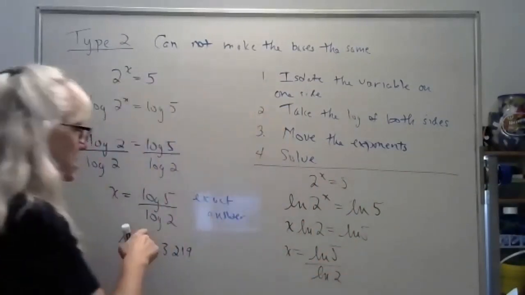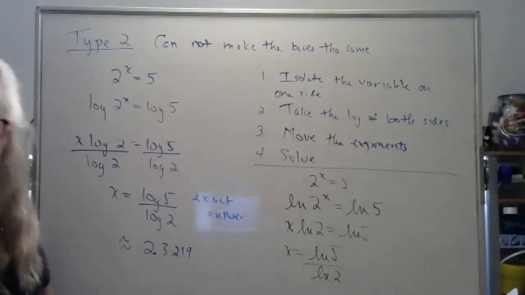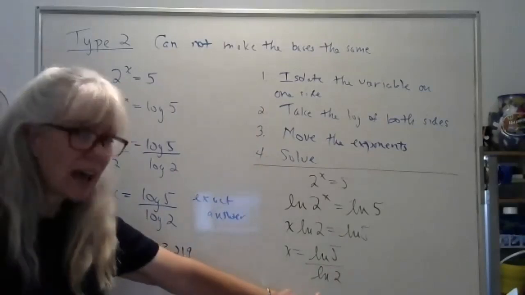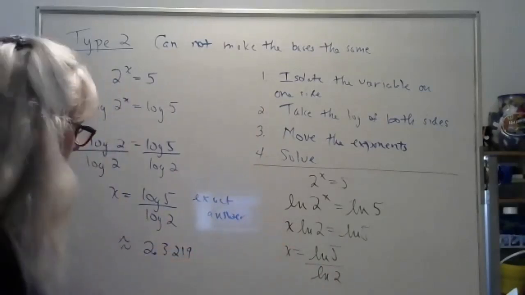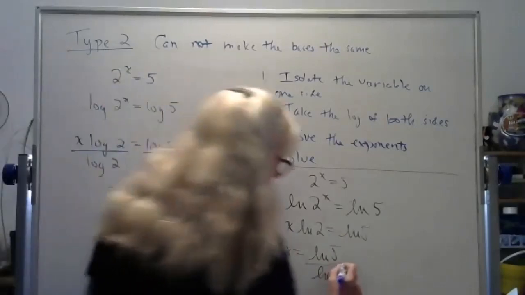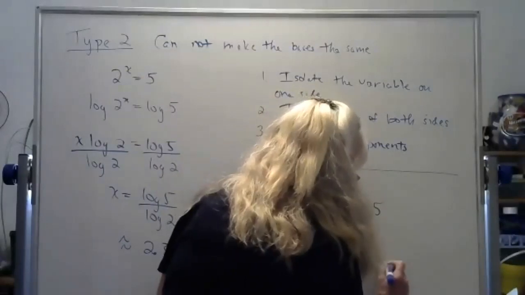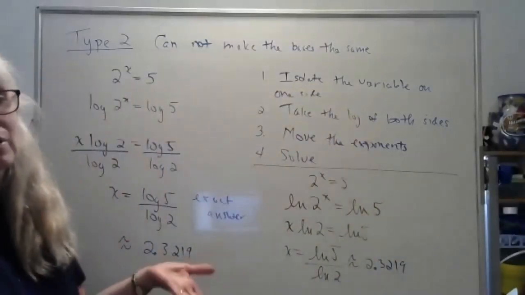So identical in terms of placement of things, but it's a log base e versus a log base 10. And if you go to your calculator on this answer, because of that change of base formula, you'll see it's identical to this one. So you'll get the same exact 2.3219. Which feels weird, but that's one of the properties of logarithms.